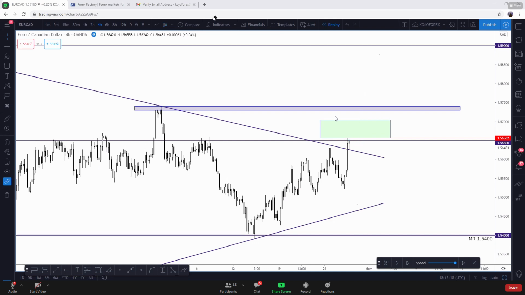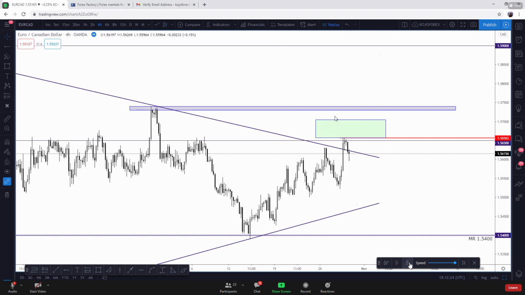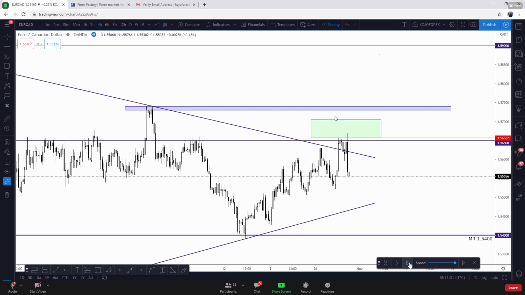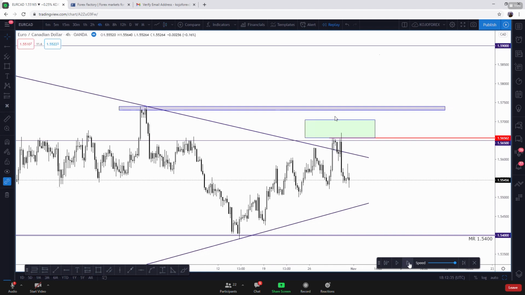So let's look at this scenario. What happens here? A push up, a push down, and then another push up, spikes through it, doesn't close above it, and eventually runs down like that.